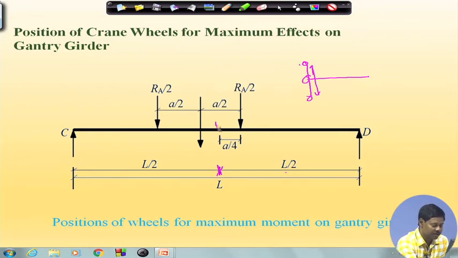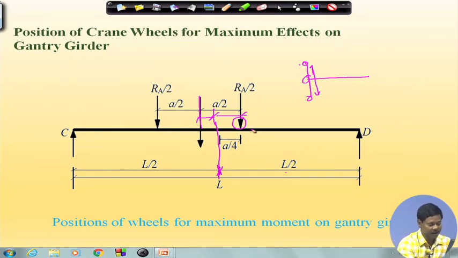That means, if this is the center of the span and if the CG of the wheel is this, then equidistant from this, if we keep the wheel in such a way, then the maximum bending moment can be achieved. That means, when one wheel is positioned at A by 4 distance from the center in any direction, then the maximum bending moment is achieved. That you can exercise and you can see where the maximum bending moment can be achieved.